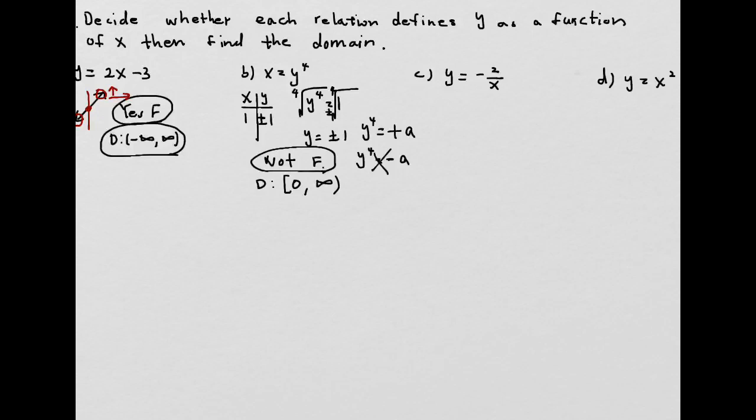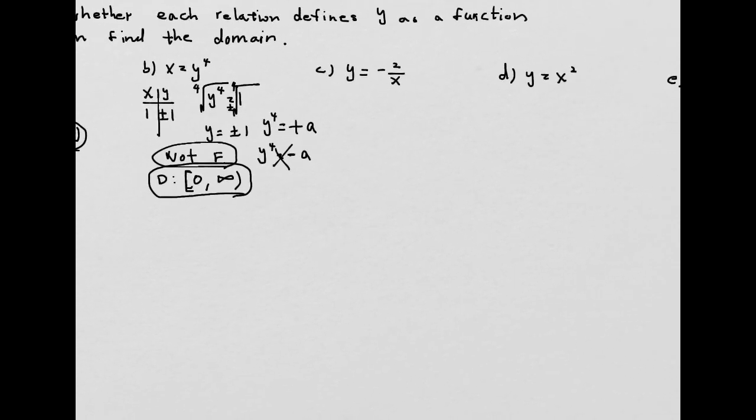When x is 0, y will be 0, or y is 0, x will be 0, right? And when y equals any number, your x has to be only positive. That's why your domain is going to be 0 to positive infinity, including 0.